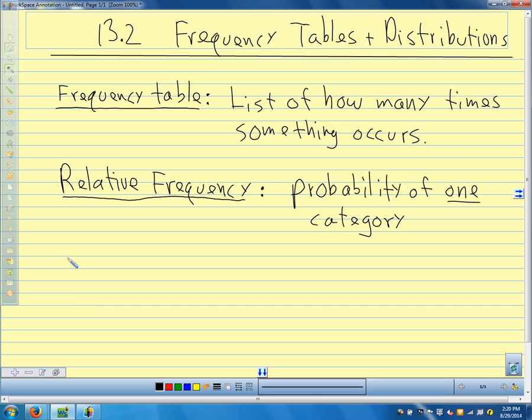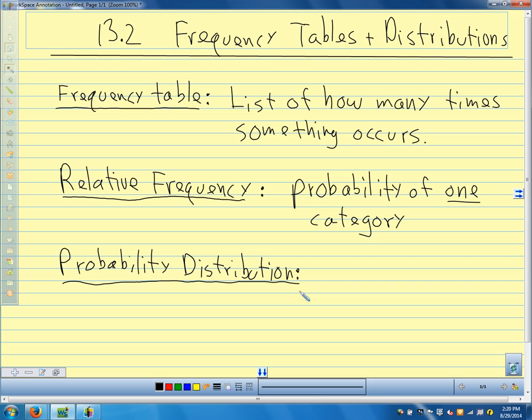And then probability distribution, again, sounds like a big, intimidating word.